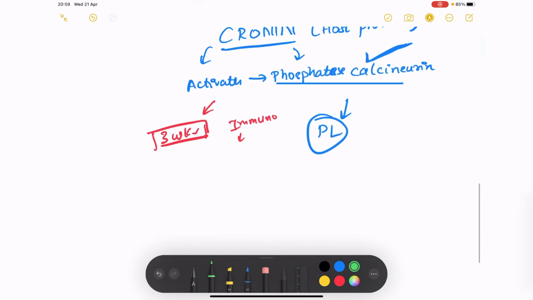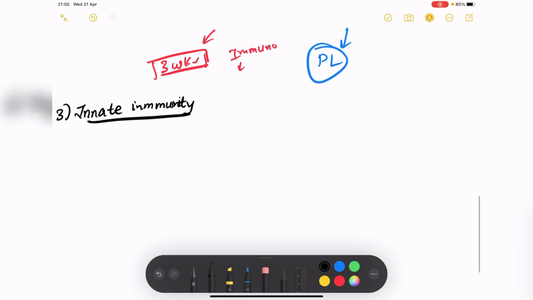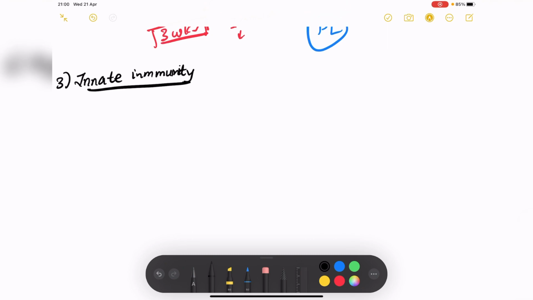Now let's talk about the third process, which is innate immunity. At last, the body recognizes something is wrong. Okay, so how is our bacteria? It's a sneaky person.